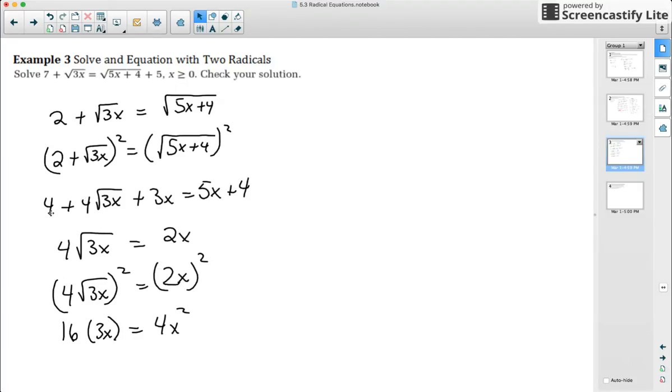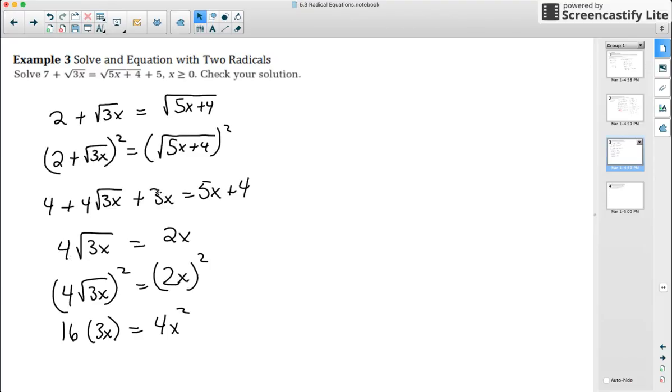and we end up with 4 plus 4 root 3x plus 3x. We are foiling and expanding this. And on the right side, we end up with 5x plus 4. After we simplify, we're left with 4 root 3x equals 2x.